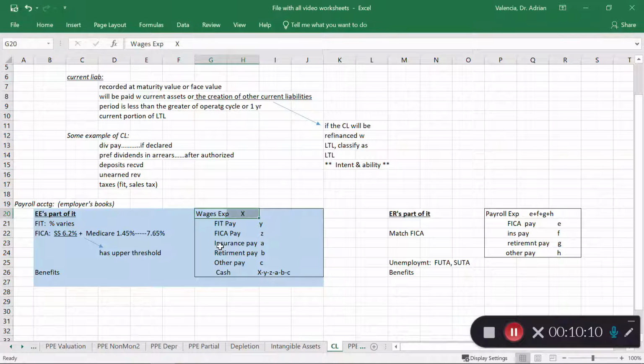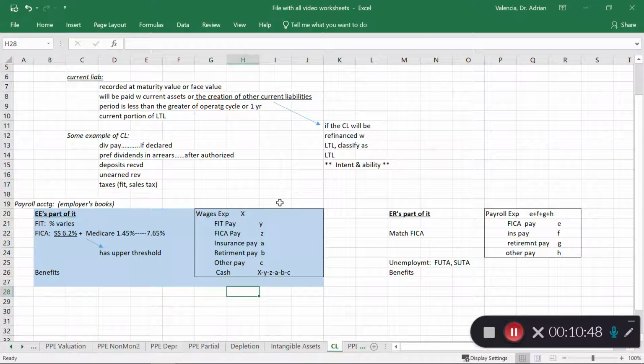Any amounts that the employee is paying for insurance, whatever type of insurance that may be. And notice how it's a liability as well. Any retirement money being put aside that the employee is contributing, and anything else. Okay, but the theme here is that all of these things are short-term liabilities. And then after all this is accounted for, the employees get a cash amount of X minus all those items. So this is one of the journal entries that the employer has to do.